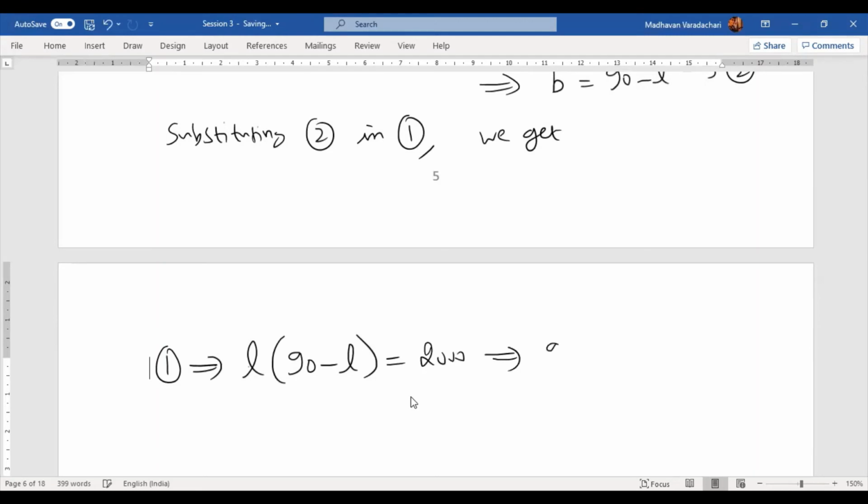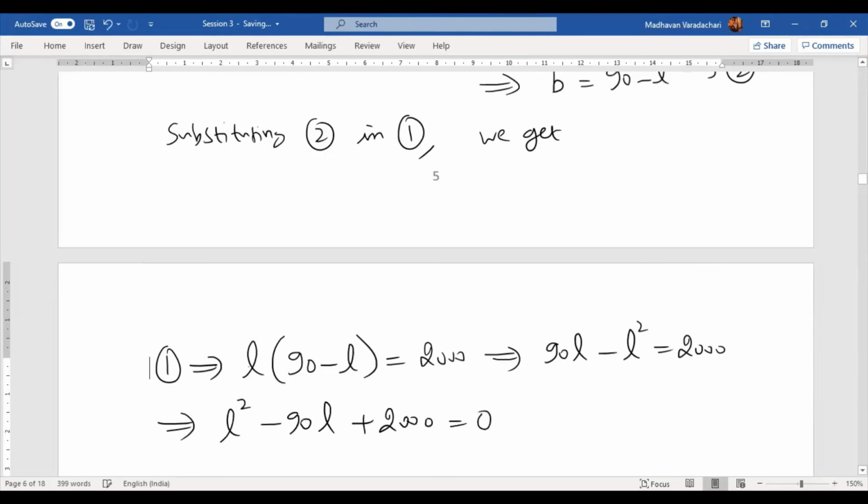Expanding this, we have 90 times L minus L square is equal to 2000. Let me modify this. Let me take this negative L square to the right side. It will become positive. Positive 90L to the right side, it will become negative, plus 2000 is equal to 0.